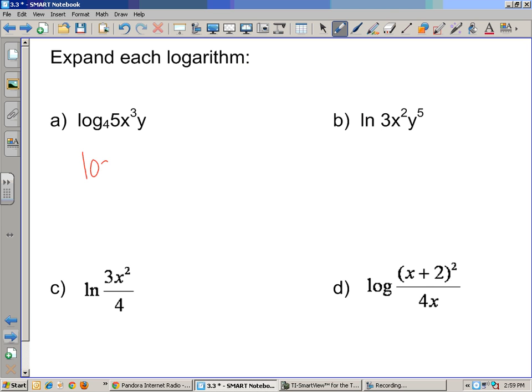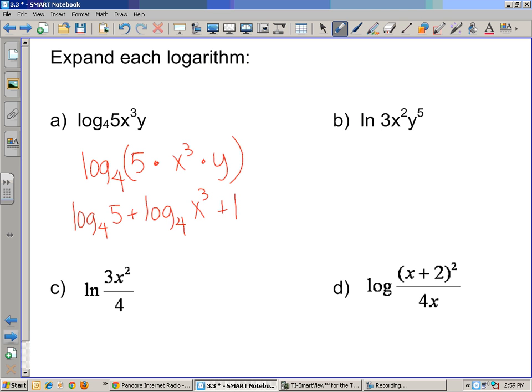So I get log base 4 of 5. I'm going to rewrite it like this, because then I can see that it's going to expand nicely. And now I'm going to use the power rule.